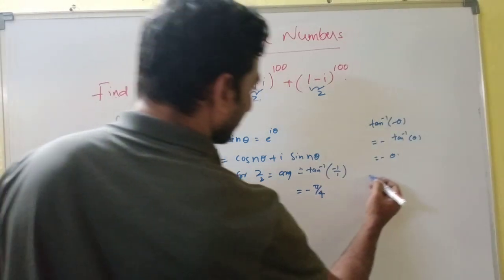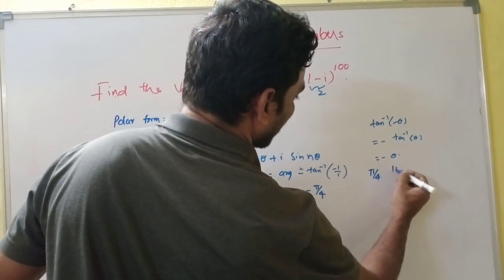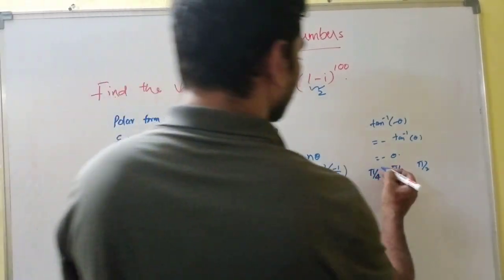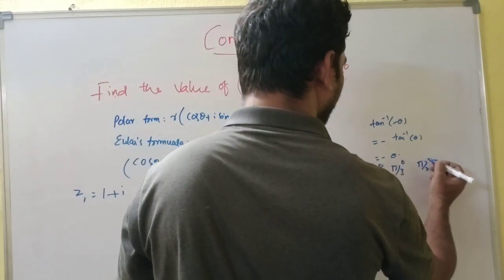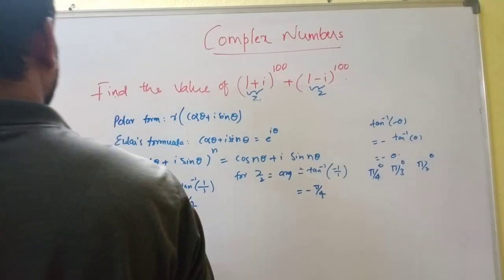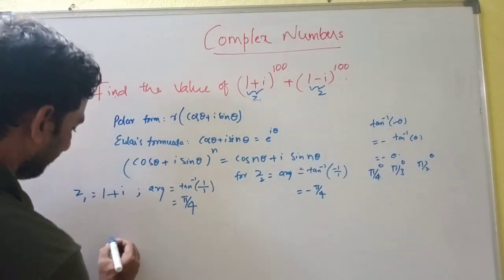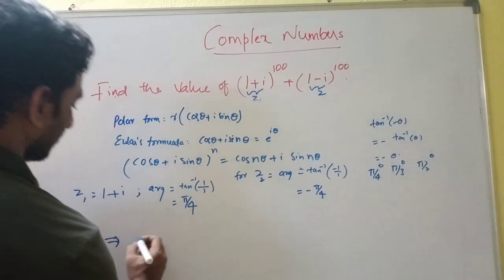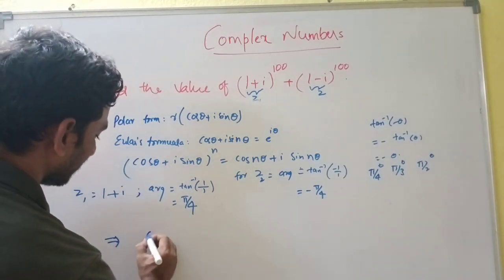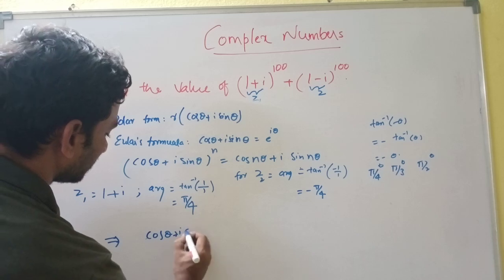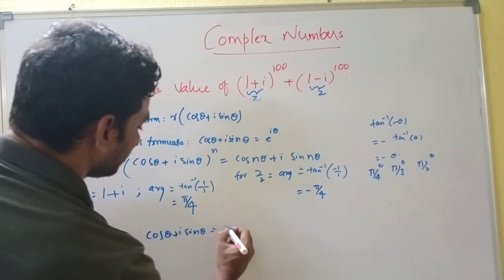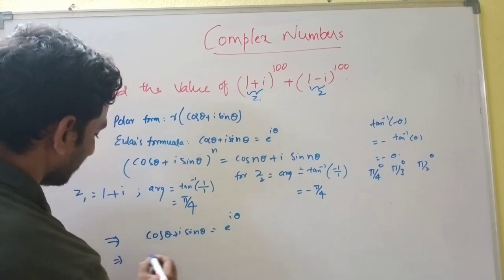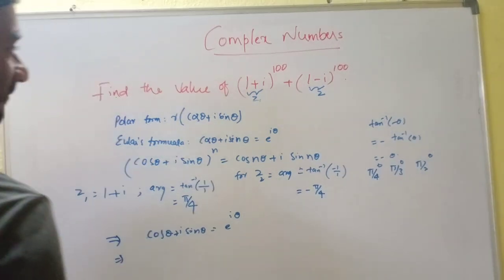Theta comes in the form pi by 4, pi by 3 or pi by 2, right? These are the degrees. Now for cos theta plus i sin theta equals e power i theta, what is r here?